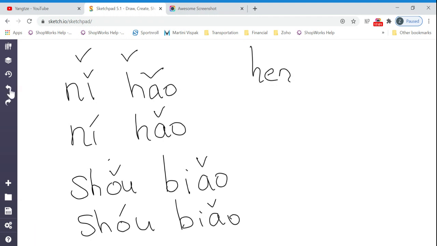Oh, I'm sorry, this is too much, so let's do it this way. This is 很. It means very. It's an adverb, means very. 很冷, cold, very cold.